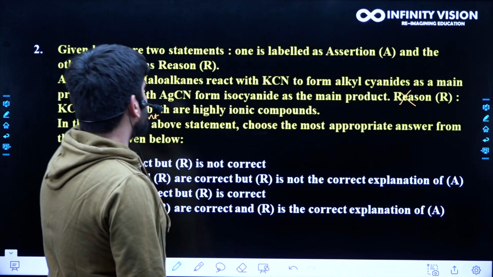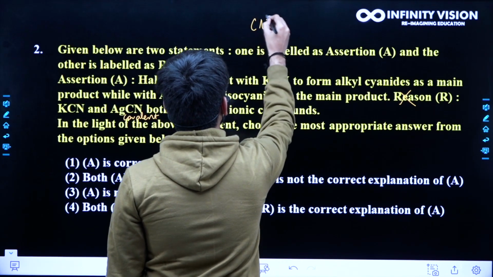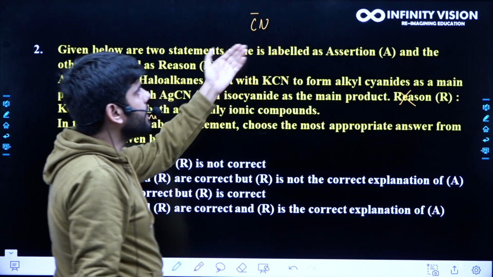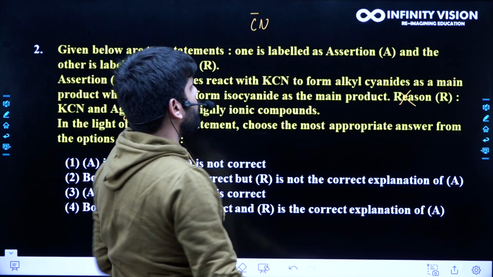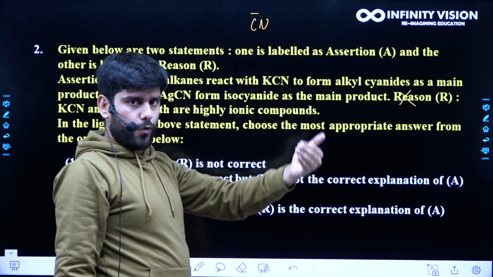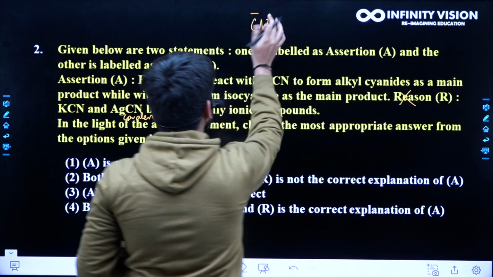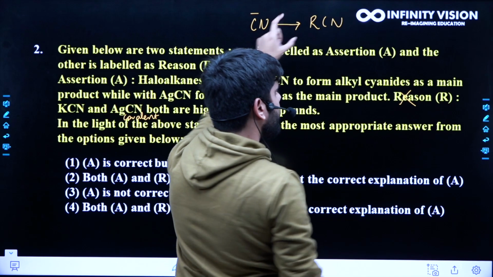Now, coming to the assertion, haloalkanes react with KCN. Yes, because we have the cyanide ion, which acts as a nucleophile. It is an ambident nucleophile because it can attack from carbon as well as nitrogen, carbon being more facile. So in the presence of KCN, we definitely get RCN, that is alkyl cyanides.